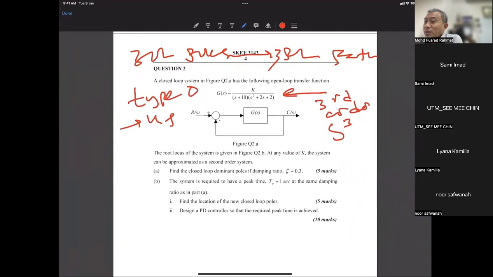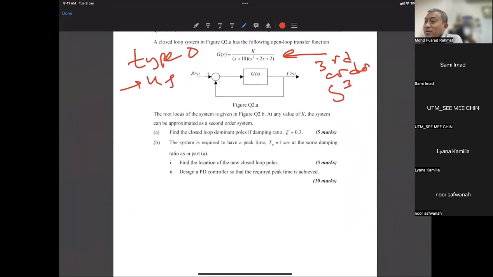So this question: at any value of k, the system can be approximated as a second order system. We know that the ratio is greater than 5.